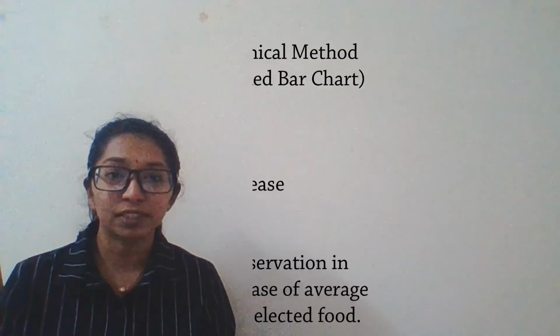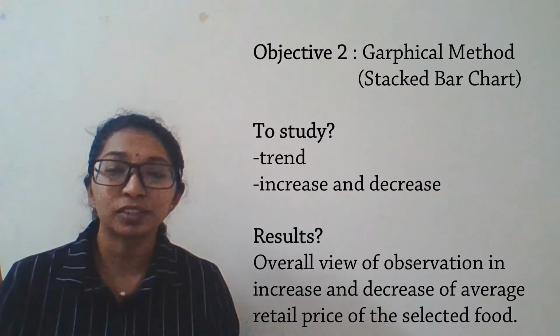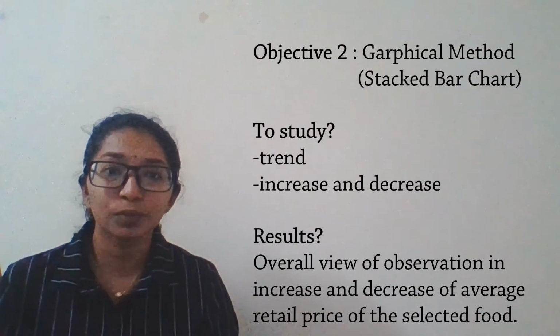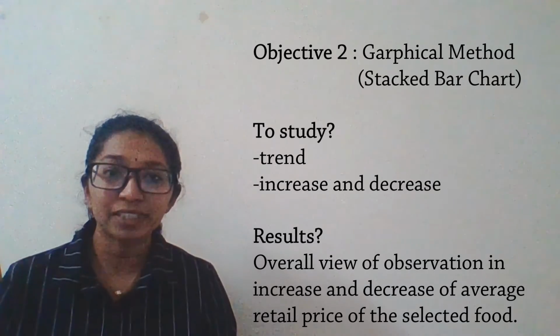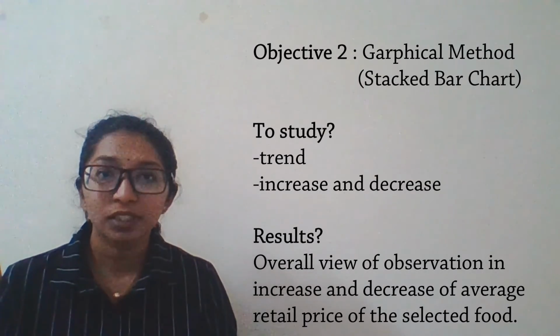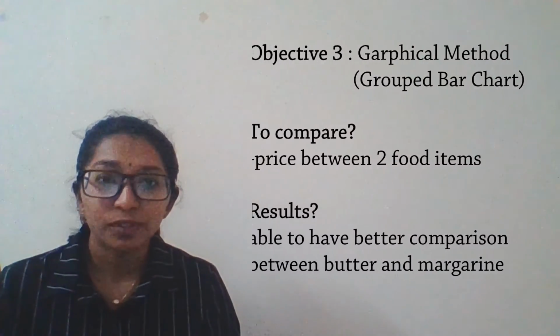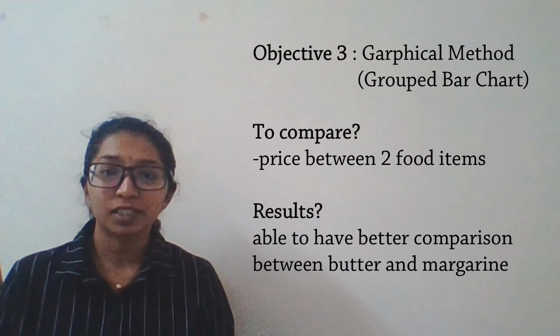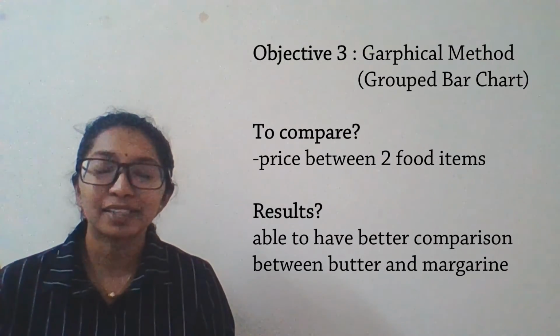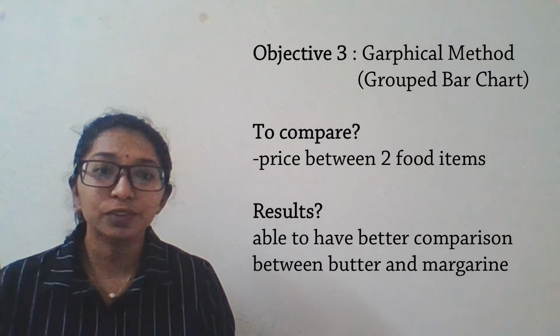For the second objective, we have used a stack bar chart, and by using this stack bar chart, we have a clear overall view of the increase and decrease of average retail price of the selected food. For the third objective, we have used a group bar chart, which gives a better comparison as it involves 2 different food items.